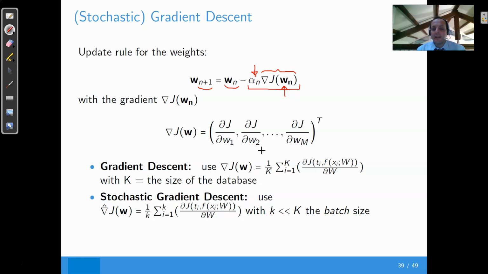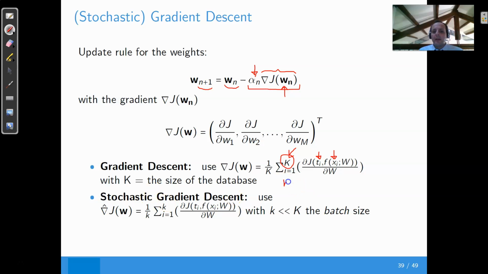If you are using a classical gradient descent, you need to compute the gradient of this cost function for all the possible samples, indicated here by the capital K, which is what we call the size of the database, the number of samples.